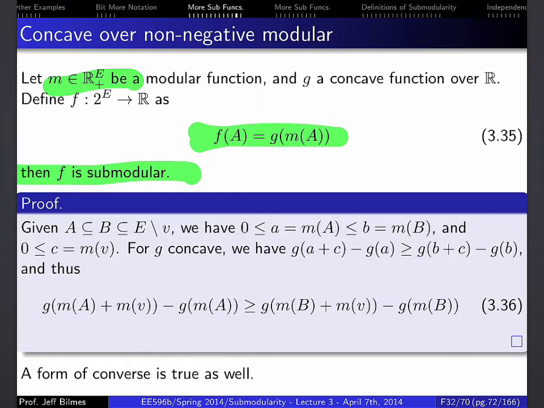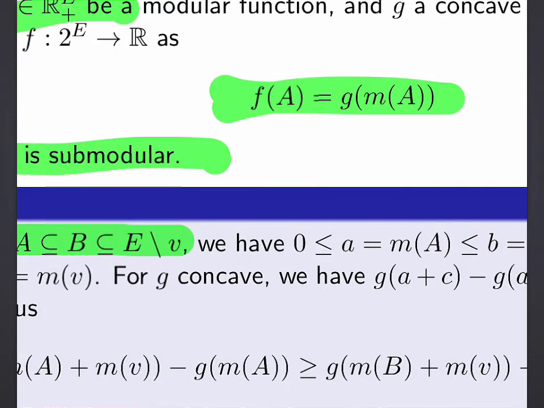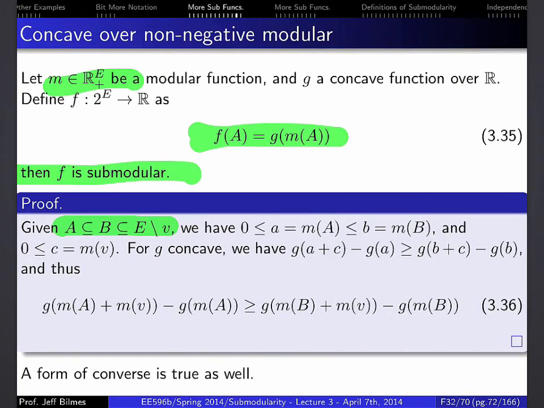Now why is this the case? Well, let's use the diminishing returns property. So first of all, let's define A, which is a subset of B, which is a subset of E except for V. So this notation, by the way, we use a lot. So let's just think about this for a second, okay?